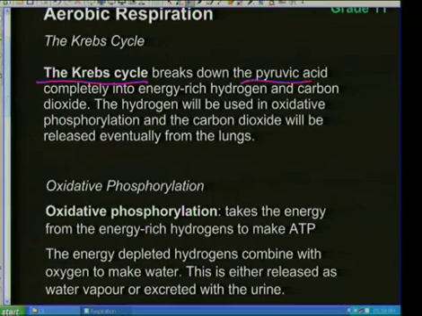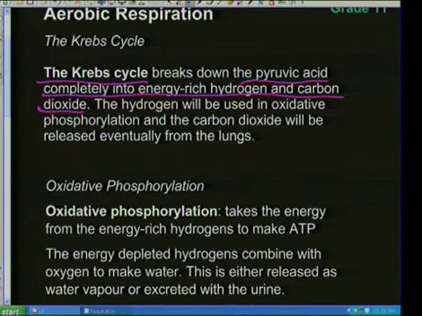Now what happens? So the pyruvic acid is broken down into energy, hydrogen and carbon dioxide. This pyruvic acid goes through this whole cycle in the Krebs cycle. Again, it's a complicated cyclic thing. There's a series of reactions where the carbon, hydrogens and oxygens in the pyruvic acid are broken down, and the carbon dioxide is released.